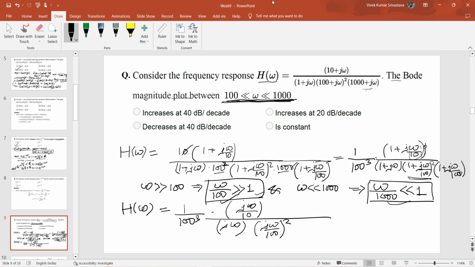But for this factor omega by 1000 is less than 1. It means that this factor is negligible here, 1 is greater than this factor, so that's why here 1 will come.